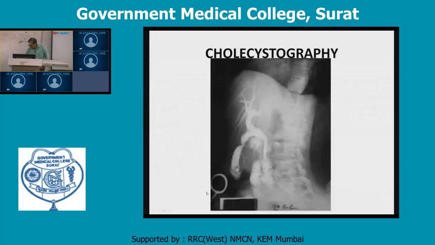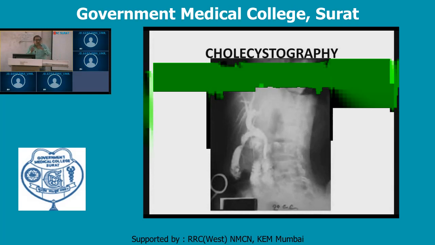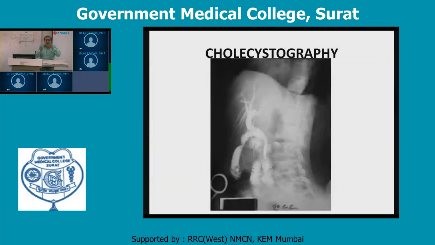Lastly, cholecystography. This is the radiological examination of the biliary apparatus. Here, a dye is introduced into the patient, either through the intravenous route or the oral route. This dye gets concentrated and secreted by the hepatocytes of the liver along with the bile.